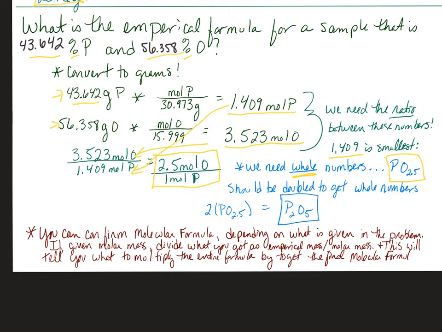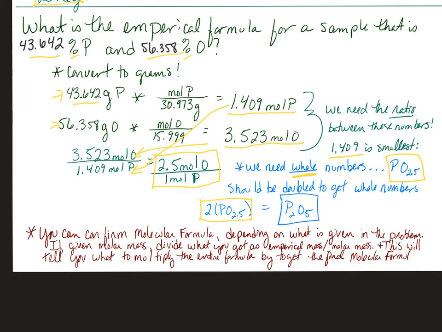So that means that I have to double all of my atoms. So you can sort of see that mathematically as a formula that looks like this. But we're doing this as subscripts because that's how we write formulas, with subscripts. So this becomes P2O5.